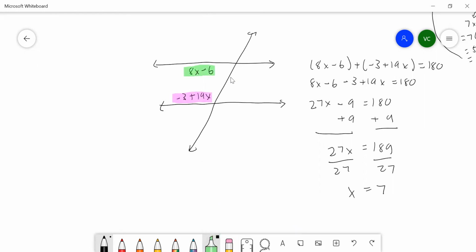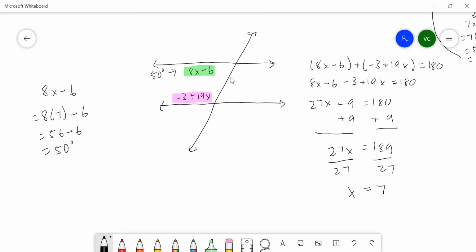And that way you can find each angle. So let's do the 8x minus 6. Go ahead and do that one first. So what you should have done is plugged in 8 times 7 minus 6, and that's 56 minus 6. That gives you 50 degrees.